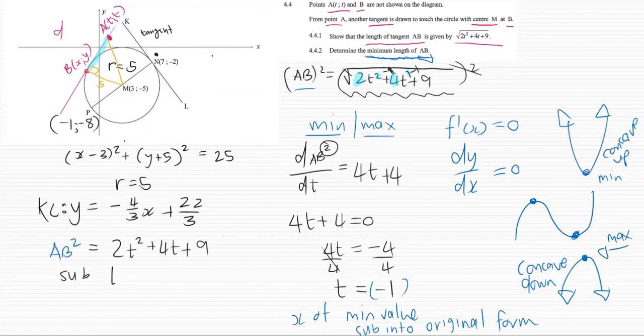We sub in t equal to -1, and we get that AB squared is 2 times (-1) squared plus 4 times -1 plus 9.